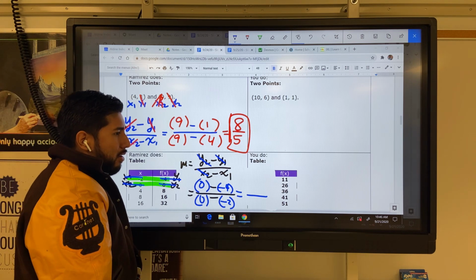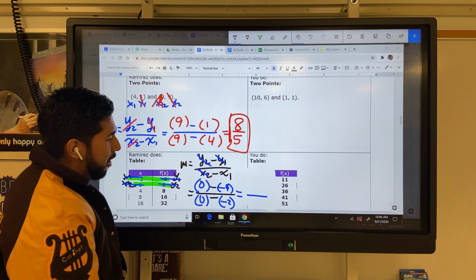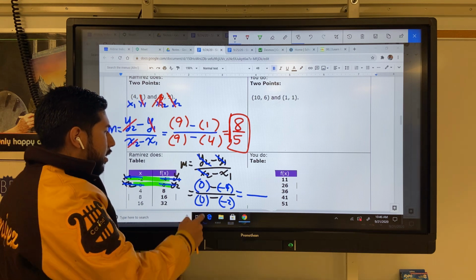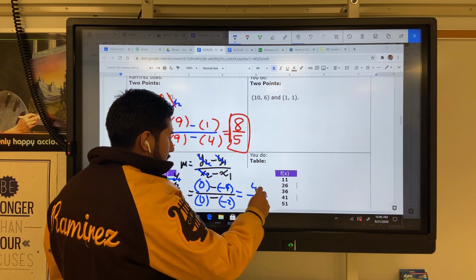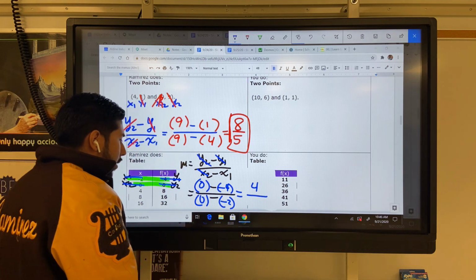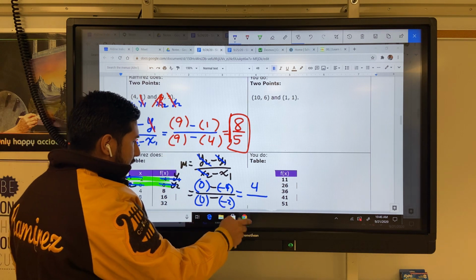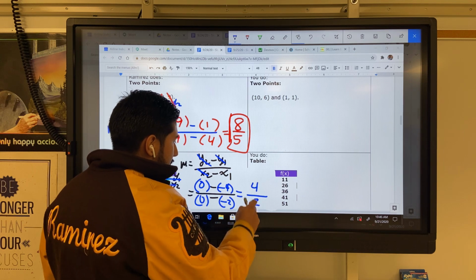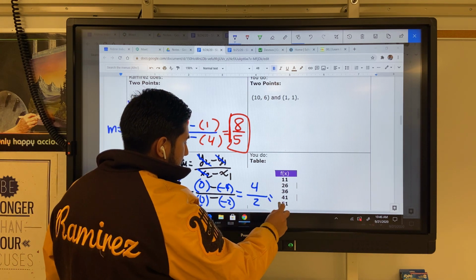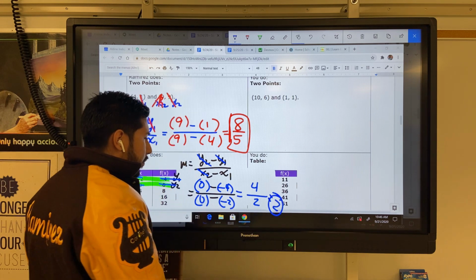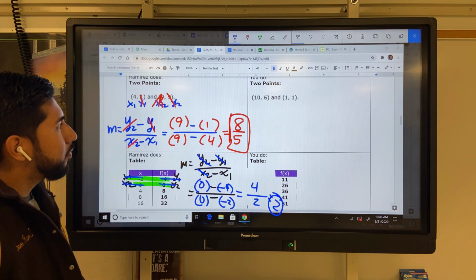Remember, you could always download a calculator app. I'll share my calculator app with you guys later. 0 minus negative 4 is a positive 4. 0 minus negative 2, positive 2. This can be reduced. What's 4 divided by 2? 2. And there's my slope.